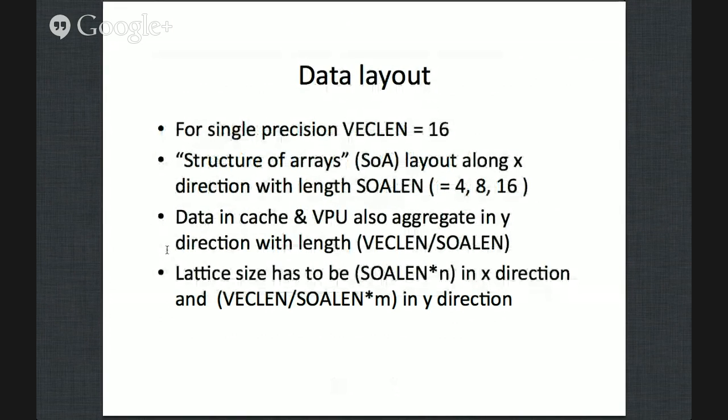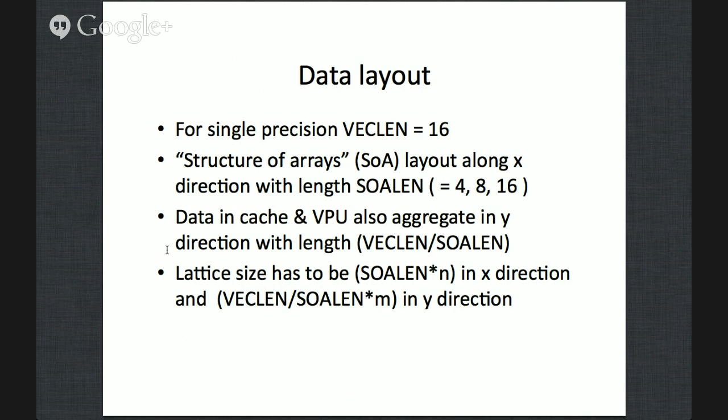So the data layout: we use single precision in our code, and in this case the vec length equals 16. The vec length here is the number of floating point instructions that can be processed simultaneously by the vector processing unit. And we follow the structure of arrays layout.